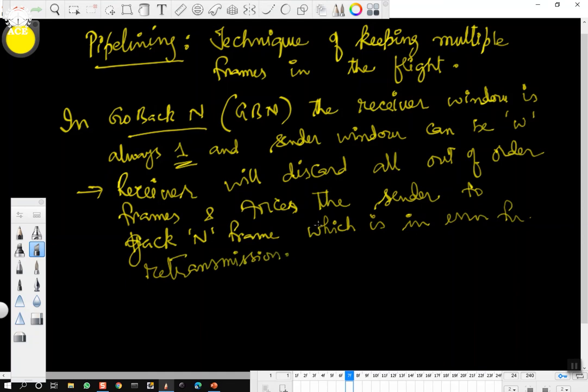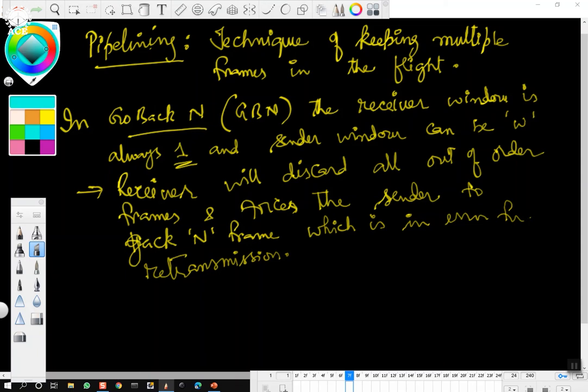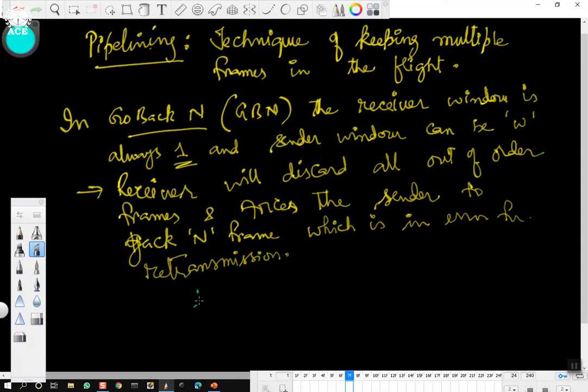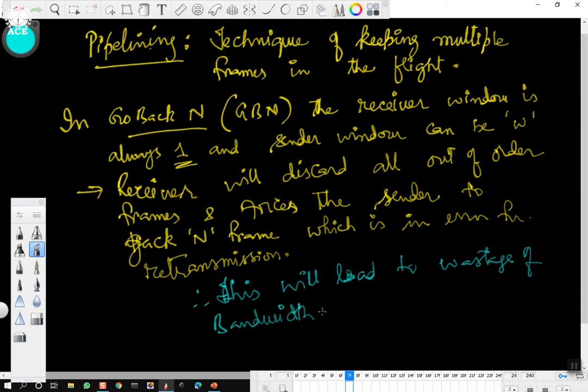So what is the drawback of this? The drawback of this forced retransmission is that it will lead to wastage of bandwidth. I will show you diagrammatically how this works and how it leads to wastage of bandwidth.